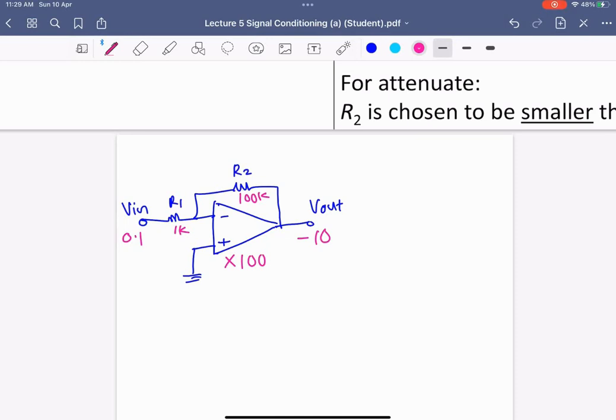How to get it, guys? You have learned this one, right? Anyone who wants to guess how to get plus 10, how to get it positive? Anyone? Nobody wants to answer that?